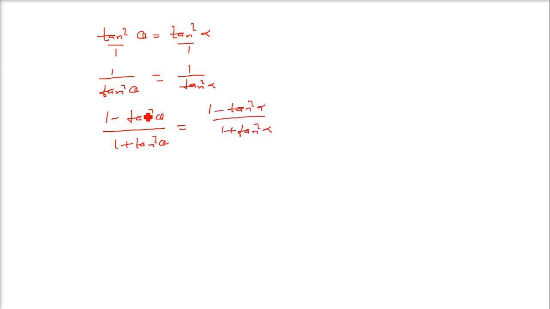This is nothing but the formula of cos 2 theta and this is the formula of cos 2 alpha. So we have the same equation. 2 theta will be equal to 2n pi plus minus 2 alpha. Divide both sides by 2. You get theta equal to n pi plus minus alpha, where n belongs to z.